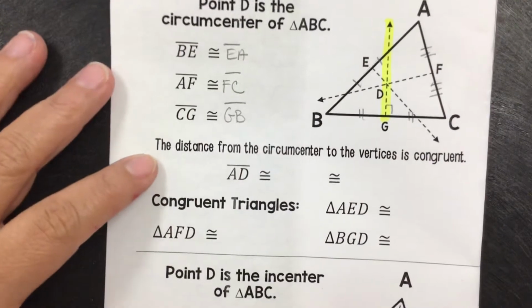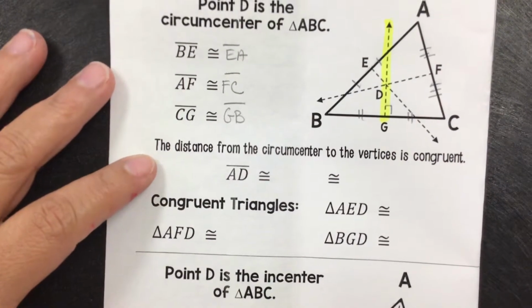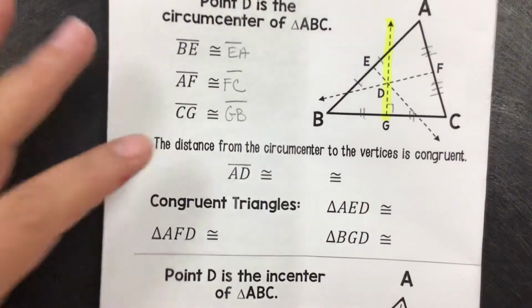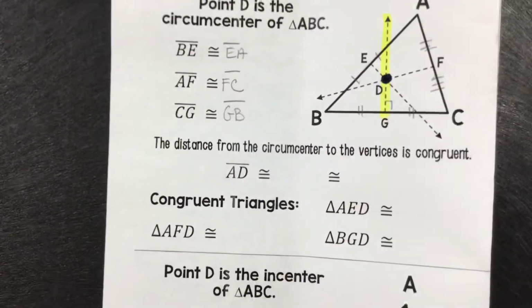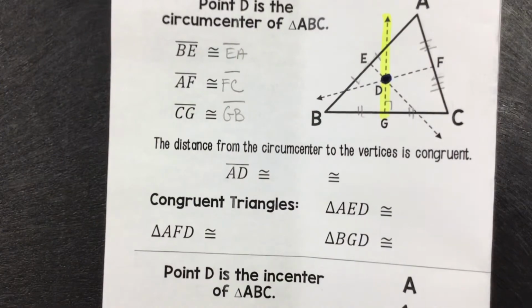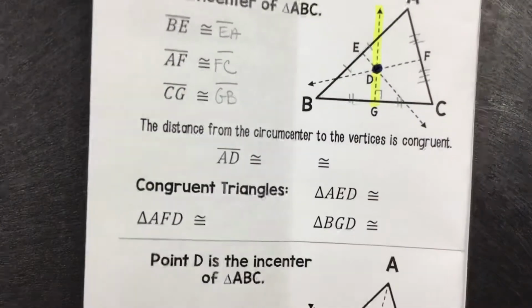The distance from the circumcenter to the vertex is congruent. So here is your circumcenter, where all the perpendicular bisectors meet, and to a vertex.